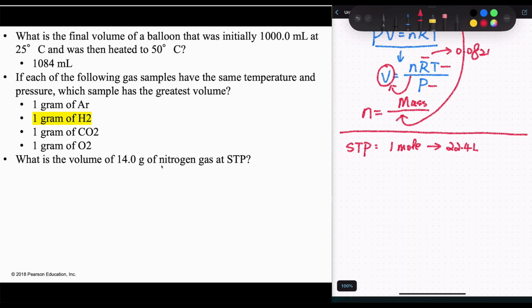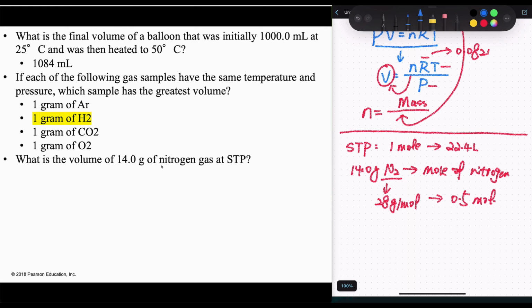We just need to convert 14.0 gram of nitrogen to moles of nitrogen. For N2, the molecular mass is 28 gram per mole, so 14 gram of nitrogen will give us 0.5 mole.